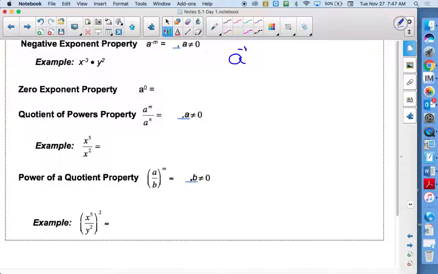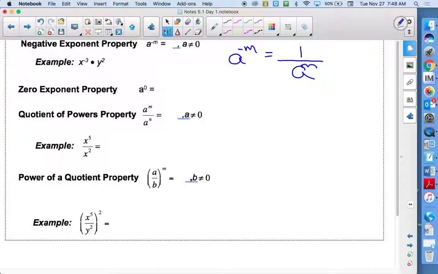So if we have a to the negative m, the negative exponent moves it down into the denominator and becomes a positive exponent. So we don't want to have a negative exponent. It's considered unsimplified. So the way we can make that exponent positive is by moving that whole part to the denominator of a fraction, place a 1 on top of it, and then our exponent becomes positive.